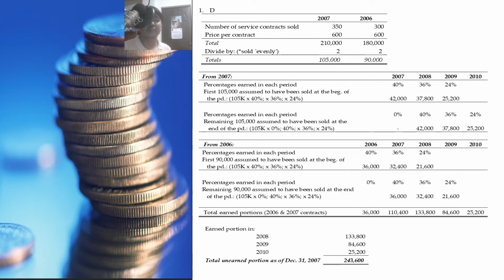Of course, our cut-off is December 31, 2007. So, from December 31, 2007 going down, 2006 and 2007, it is already earned, because the cut-off of the year is December 31, 2007. The 2008 and 2009 portions will be the unearned, and that is what we are looking for. So, we just apply the percentage.